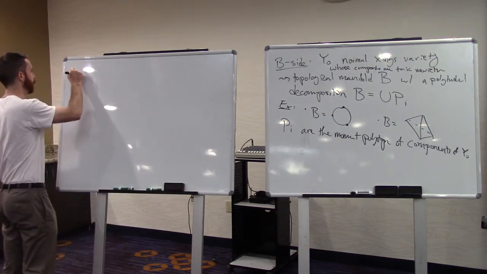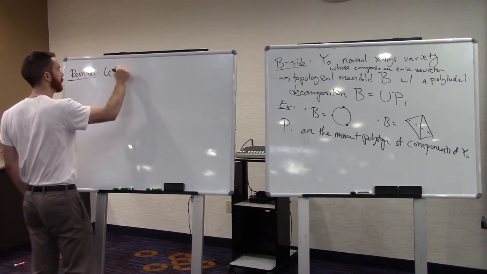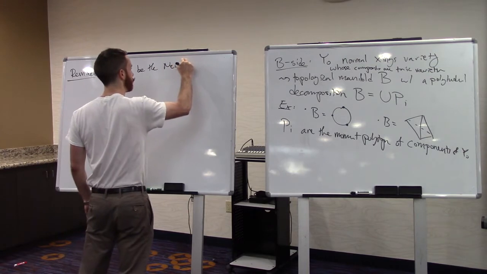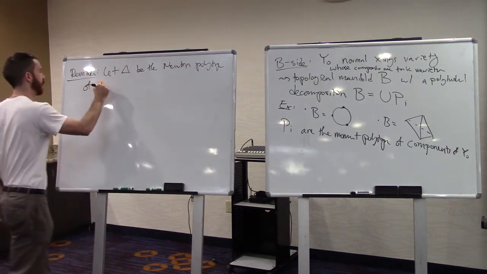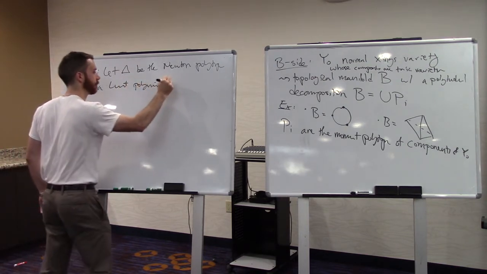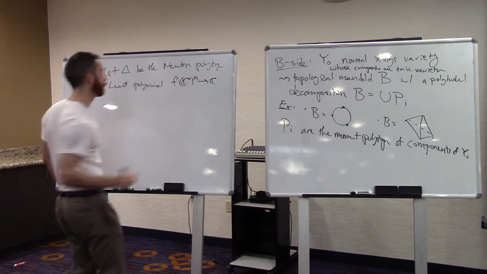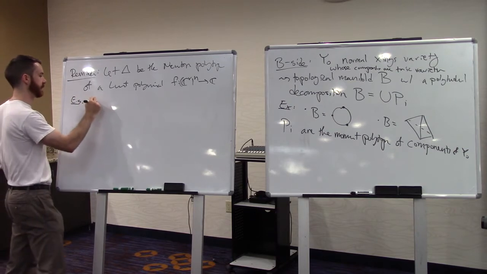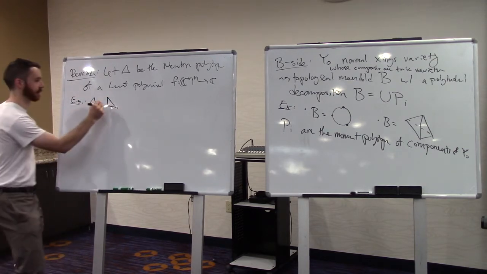So, a reminder: let delta be the Newton polytope of a Laurent polynomial f from (C*)^n to C. So for instance, delta is equal to the standard simplex, say, in R^2.